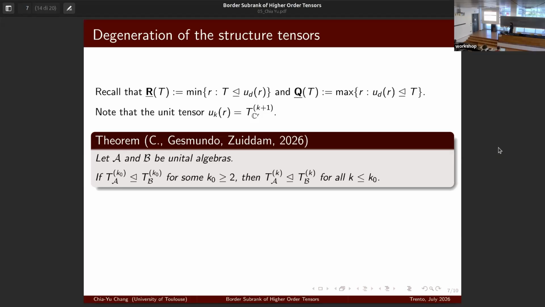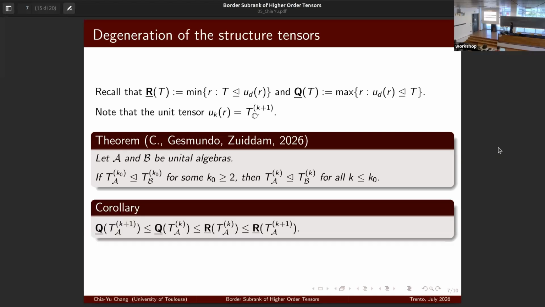Okay, and an immediate conclusion from this theorem is this corollary that the border subrank of the (k plus 1)-th structure tensor is less than or equal to the border subrank of the k-th structure tensor, and this is by the definition of border subrank and border rank.